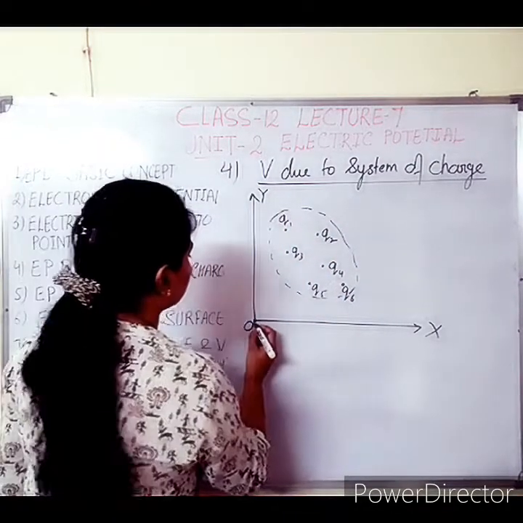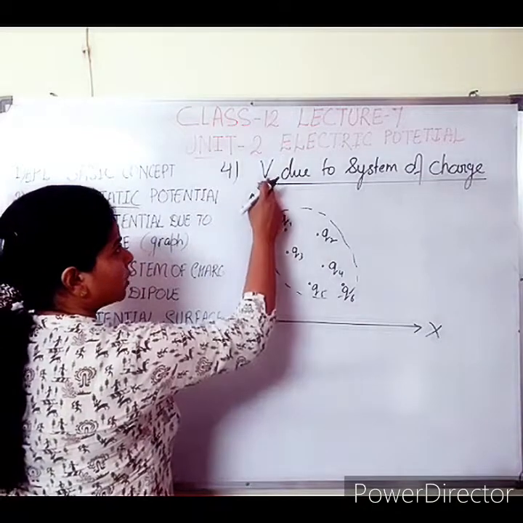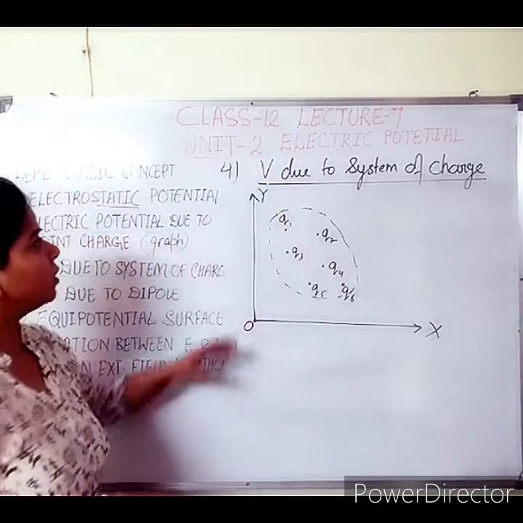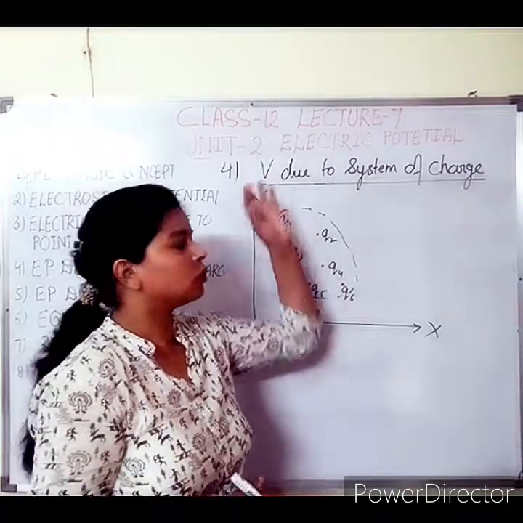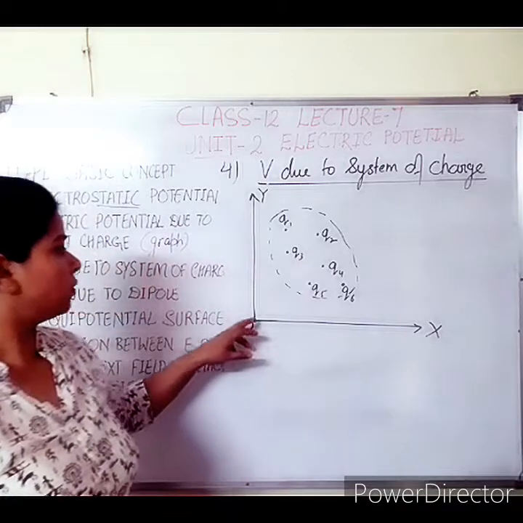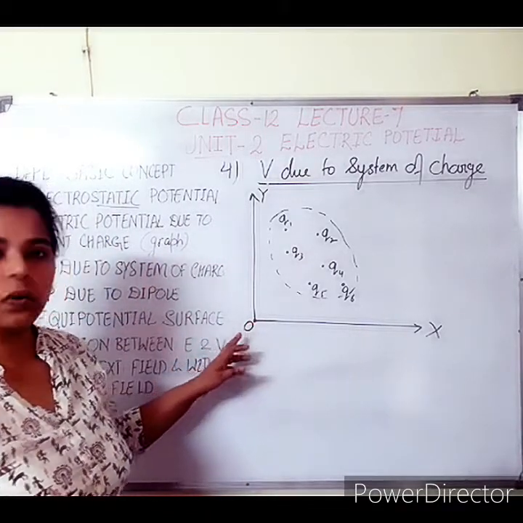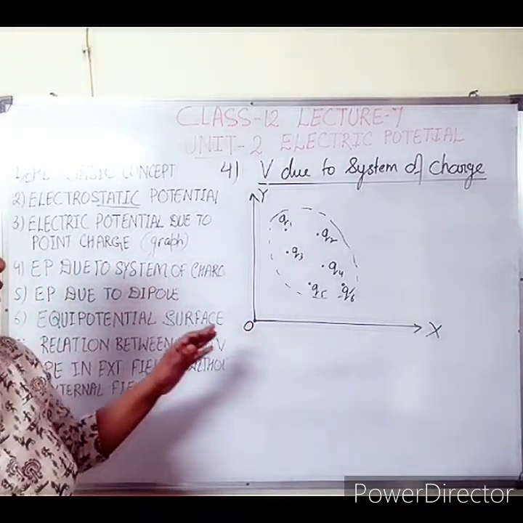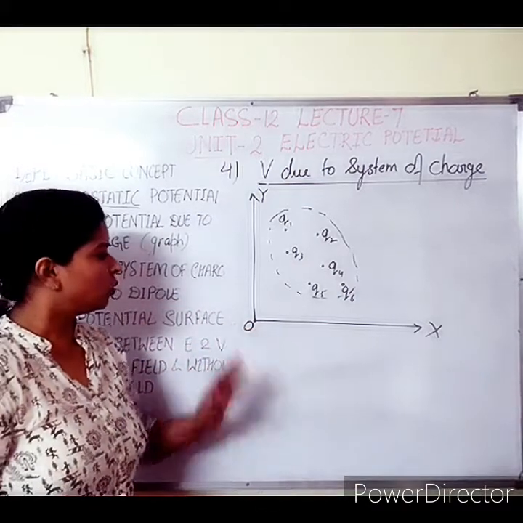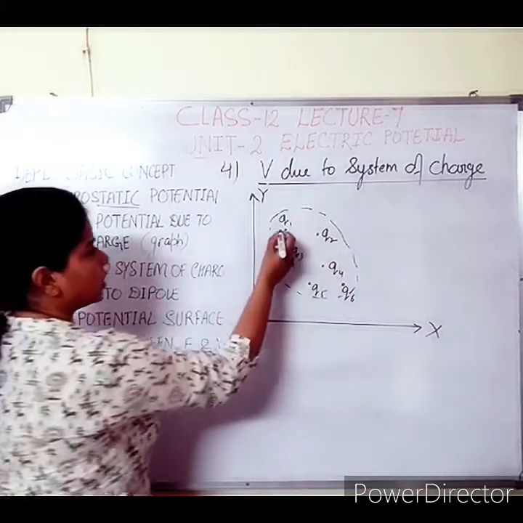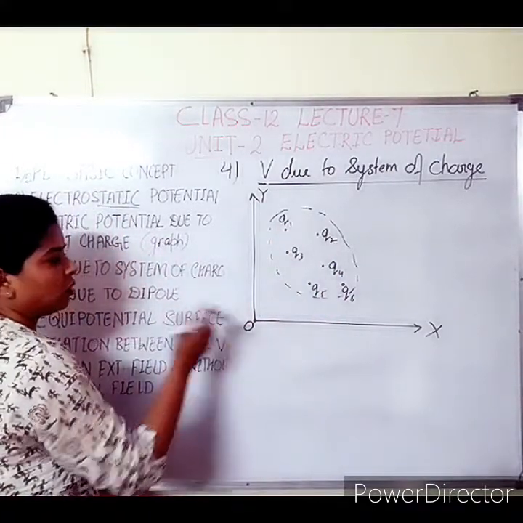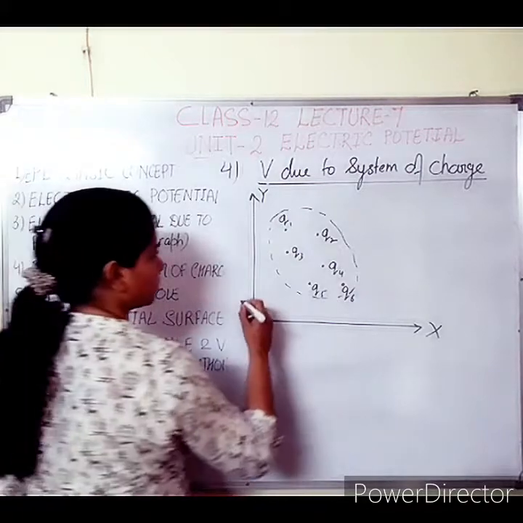Here we have to calculate the electric potential at point O. What is the significance of electric potential? We calculate the electric potential at any point. So here we are considering point O, where we are calculating the electric potential. Why have I chosen this point O? Because we can take the distance of different charges from the origin point. That is why I have chosen the origin point here.